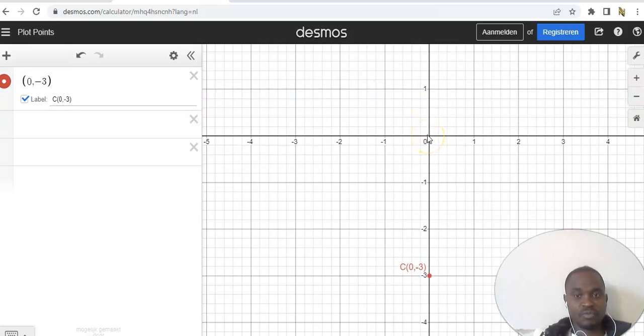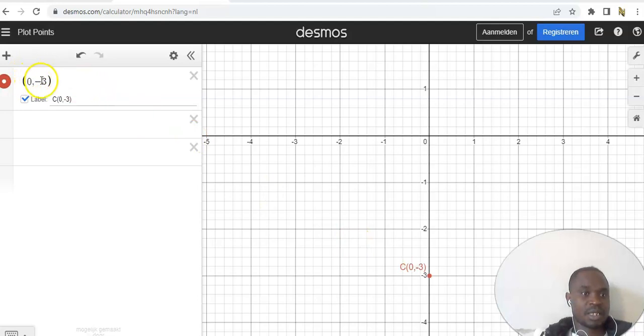Negative 3, so you move 1, 2, 3. Okay, we are trying to plot (0, -3). What is negative 3? 1, 2, 3. Are we together?